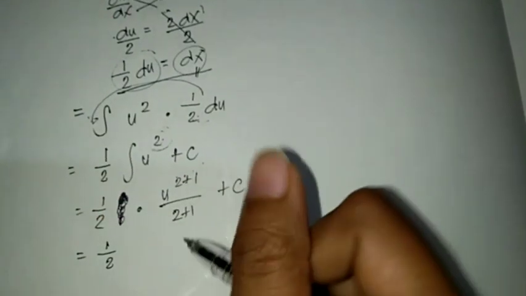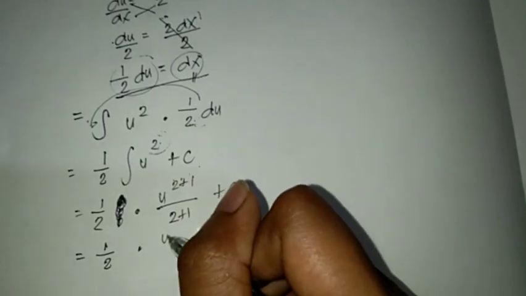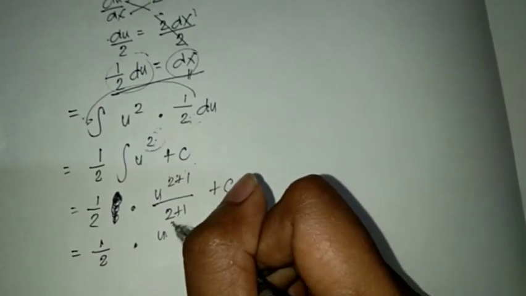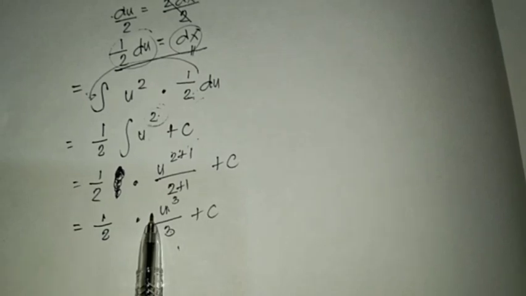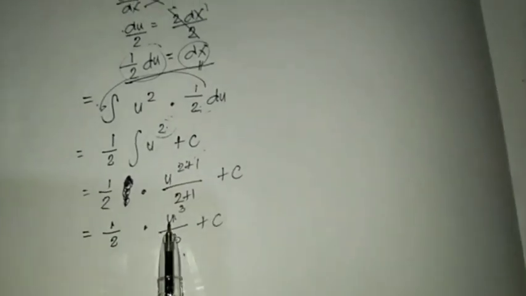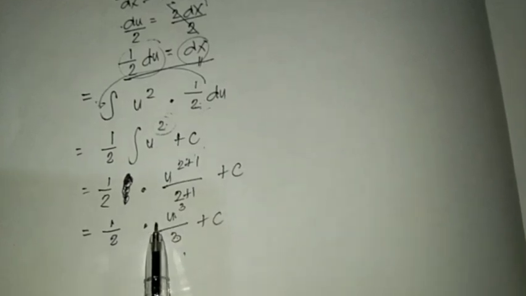So let's simplify our exponent. 2 plus 1, 3 over 3 plus c. Since what I said earlier, in every variable there's always a one whole number.